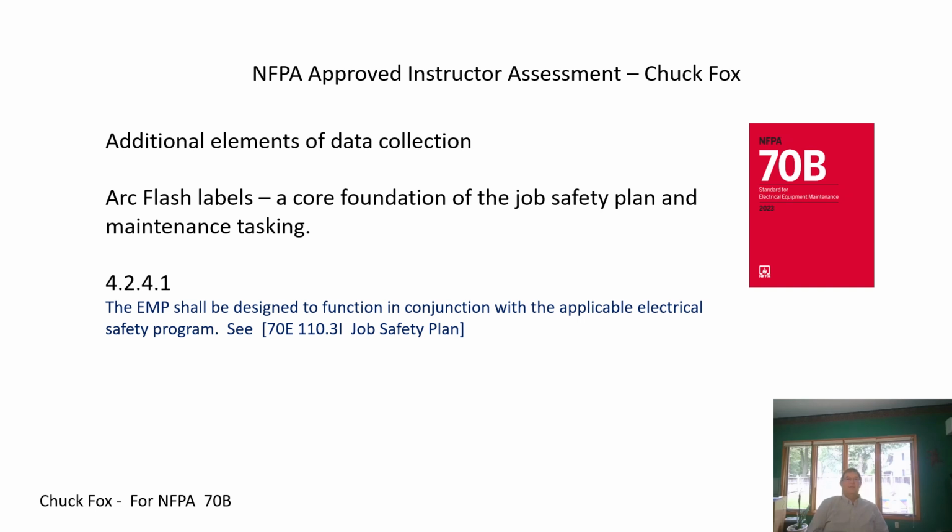So the electrical maintenance program shall be designed to function in conjunction with the parameters of the electrical safety program. One of those, of course, is the job safety plan or job safety analysis, and the required elements of the job safety analysis rely heavily on the data gathered and provided within the arc flash labels.